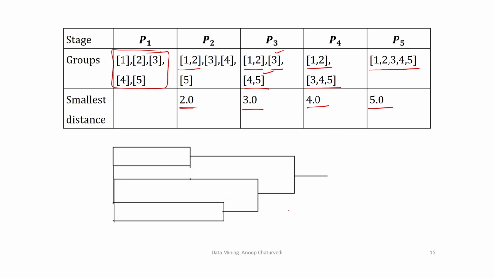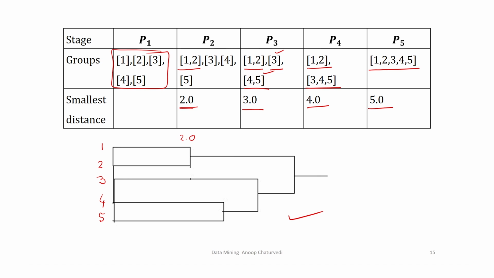So, you got this kind of dendrogram. This is individual 1, 2, 3, 4, 5, and this merging occurs at distance 2.0.